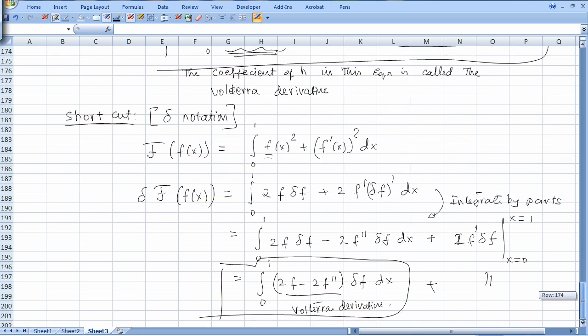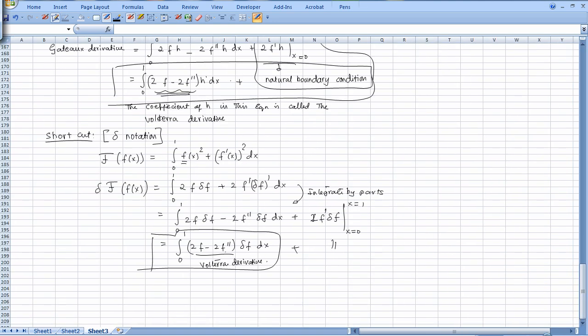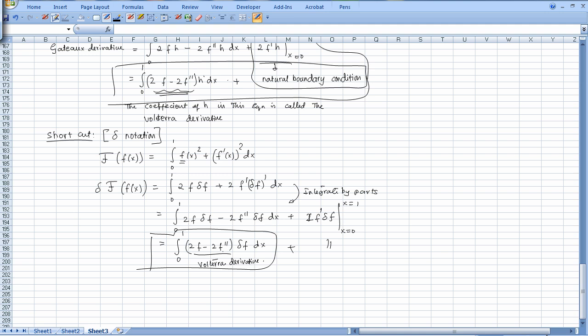Where is that here? 2f minus 2f double prime. Very good. Let's see if I can put both of them in the same screen. Yeah, there you go. This h has become delta f here. This natural boundary condition is here. Can you see that? It's exactly the same thing.